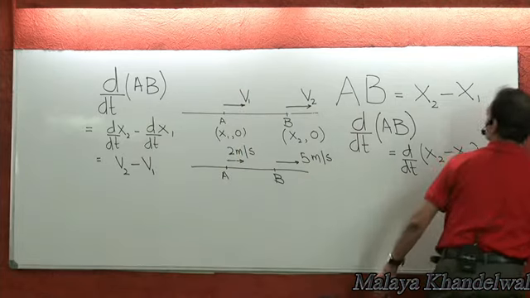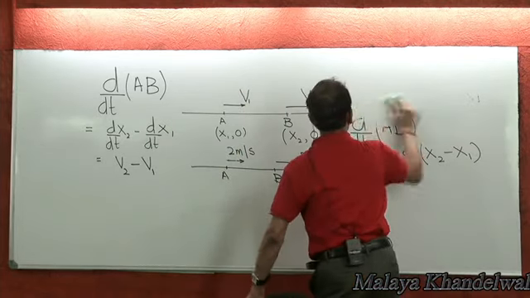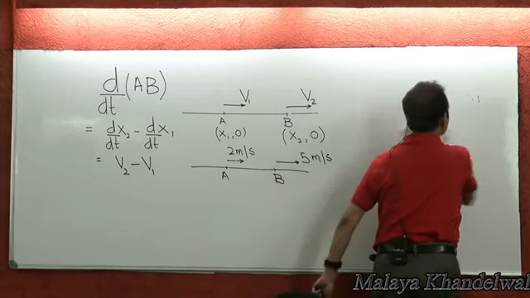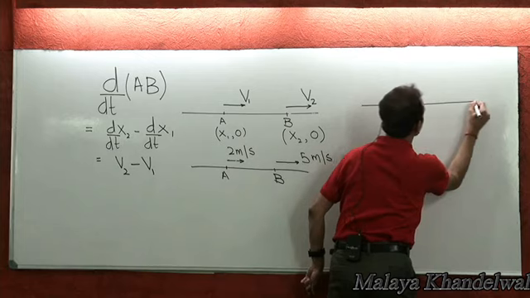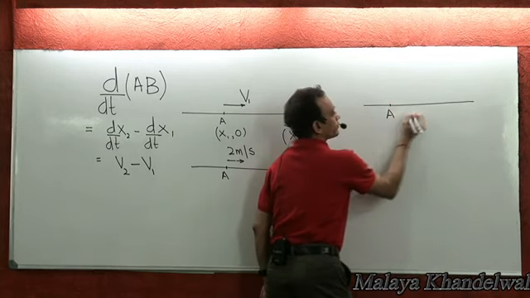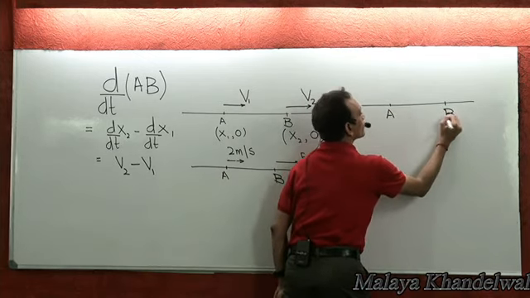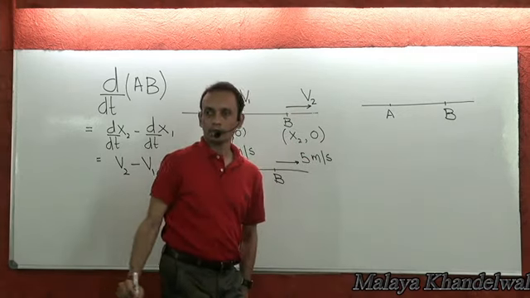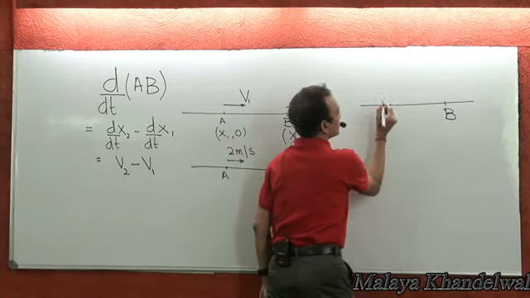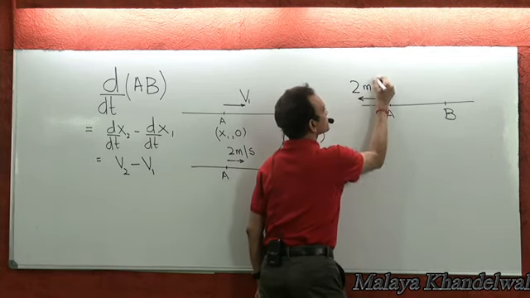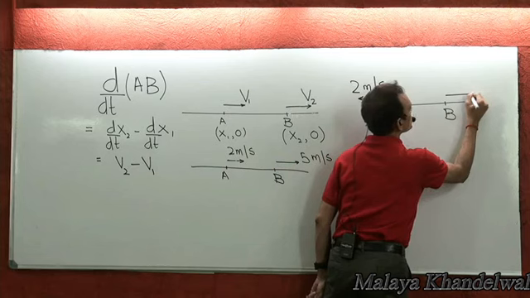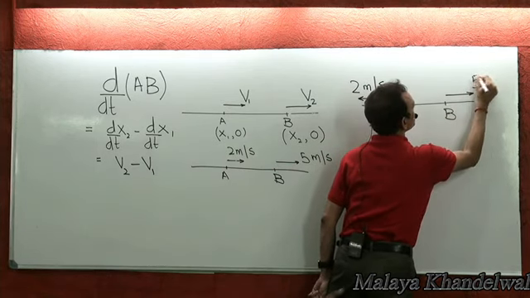For example, say A had a velocity 2 meters per second like this and B had a velocity 5 meters per second like this.